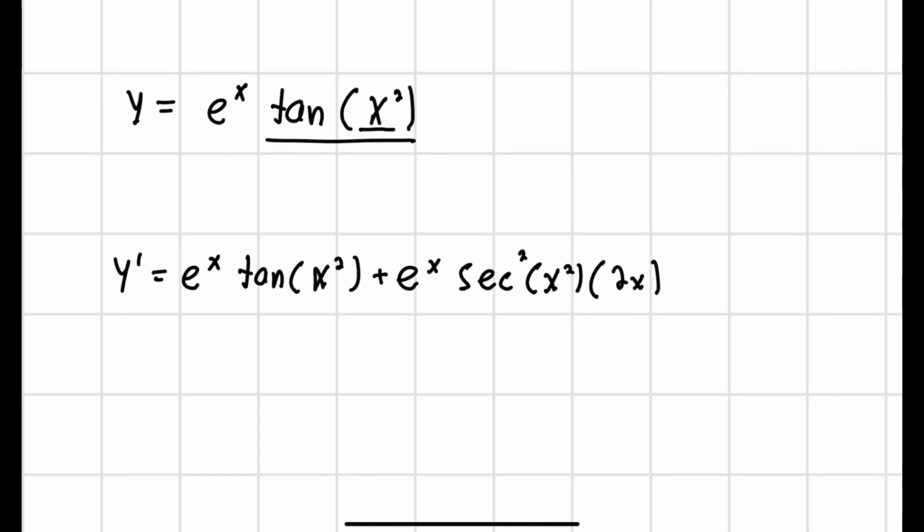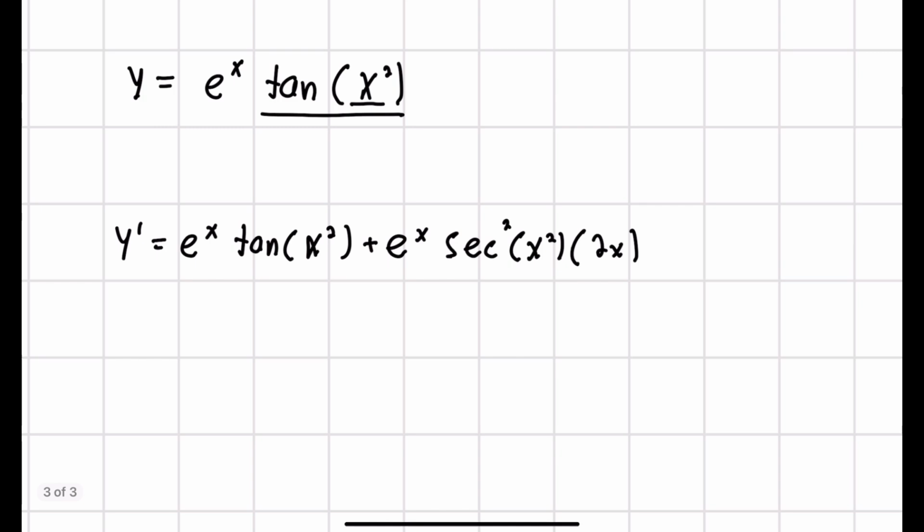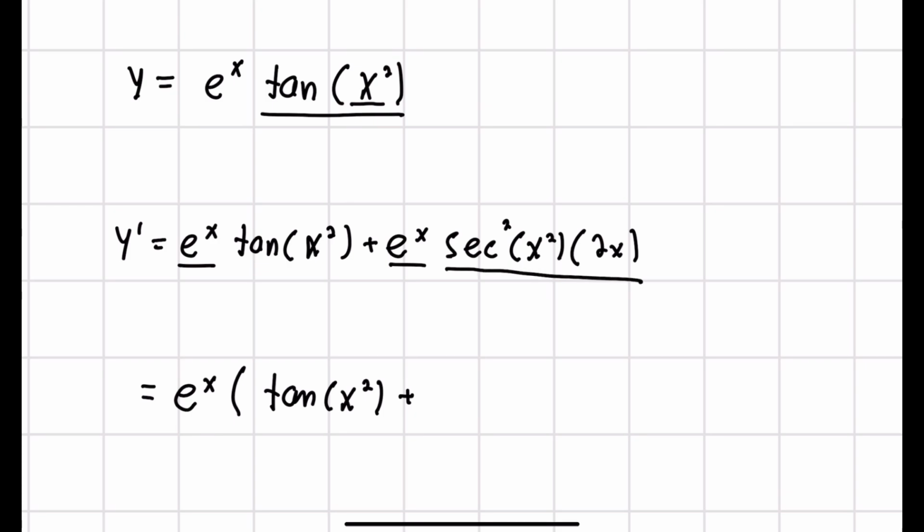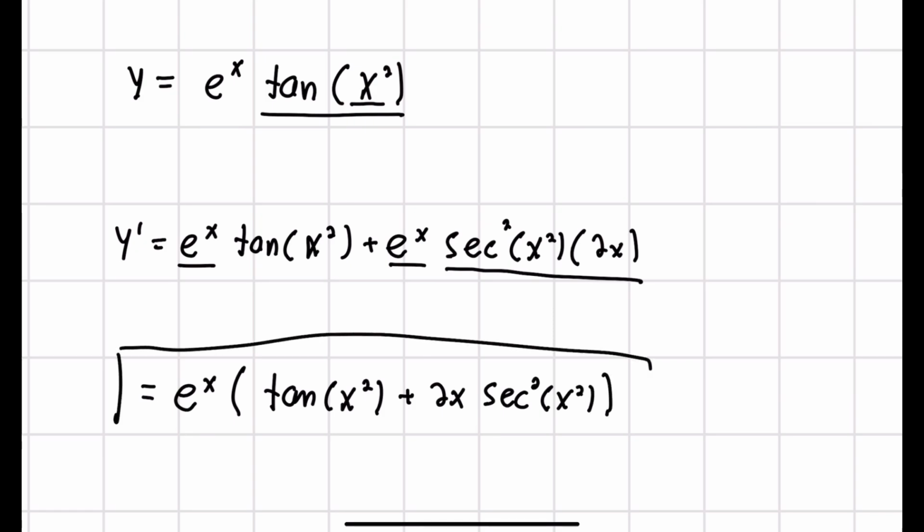And if you want, we can factor out the e to the x. So we have e to the x times tan x squared plus, and now we can rearrange this as 2x secant x squared squared. And here is our final answer.